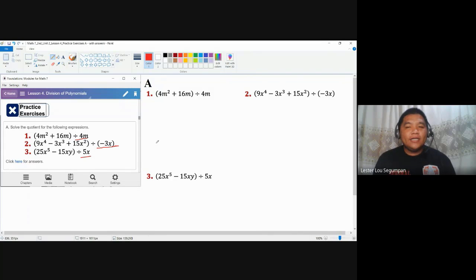Now, you can still use here the long division if you want to, but of course, there is a very simple process when we're going to divide any polynomial with a monomial divisor. It is actually patterned to the concept of fractions, such as, let us say, 2 plus 3 all over 2.